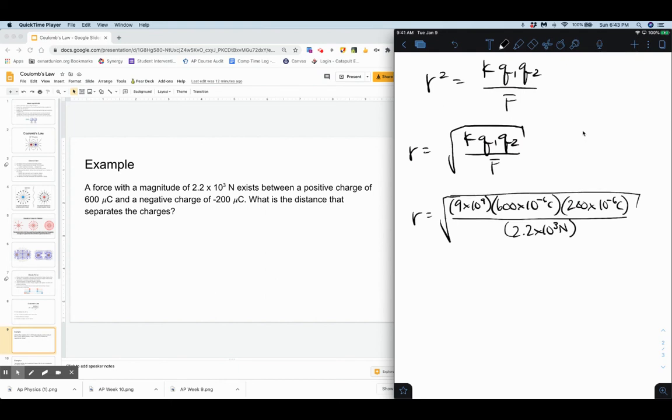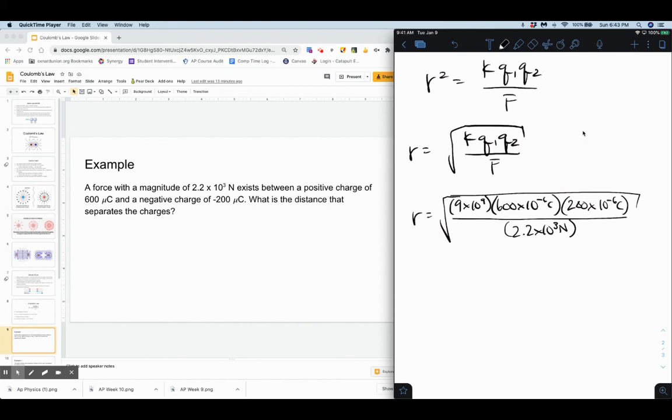All right, so doing this on my calculator, I'm going to put parentheses around everything in the numerator first. So open parenthesis, 9 times 10 to the ninth, close parenthesis, times, open parenthesis, 600 times 10 to the negative 6, close parenthesis, times, open parenthesis, 200 times 10 to the negative 6, close parenthesis. I press enter, and I get everything in the numerator first, which is 1080.